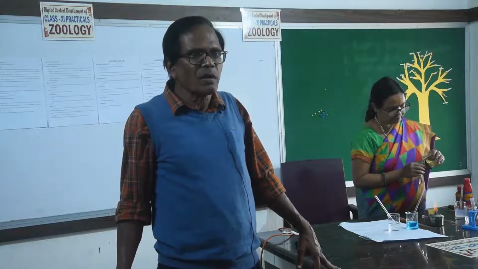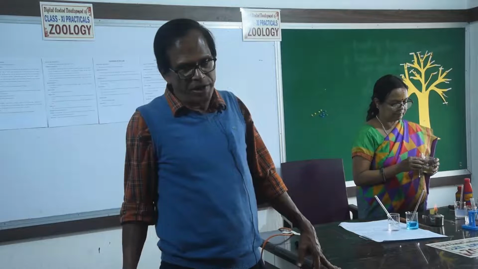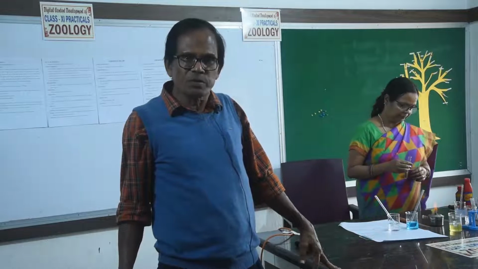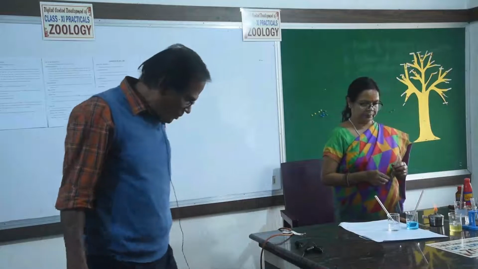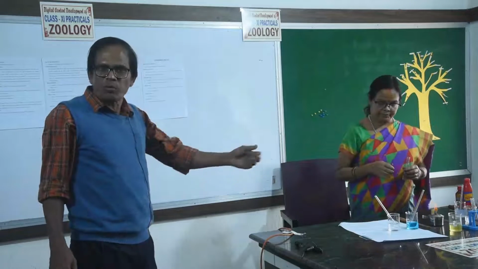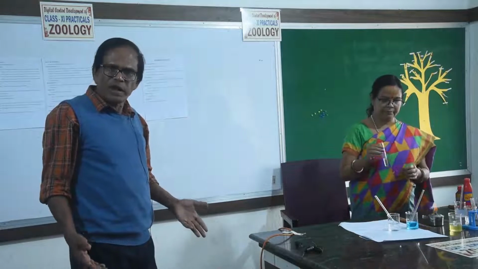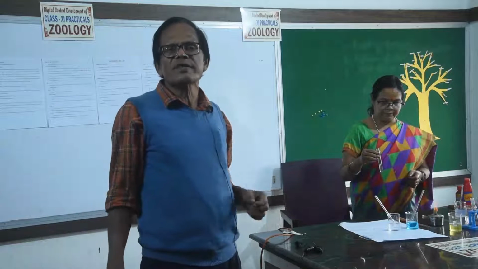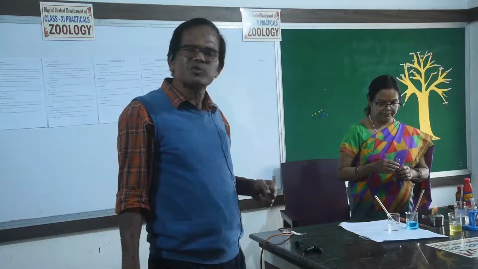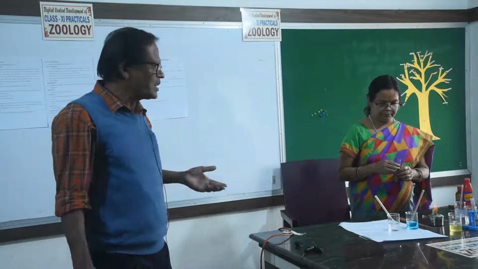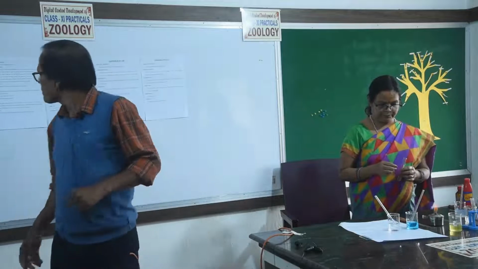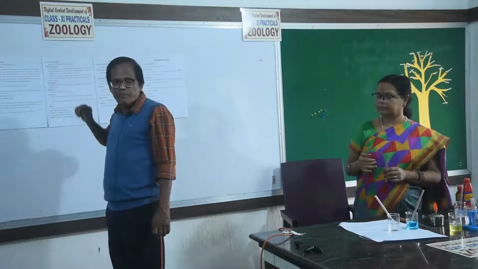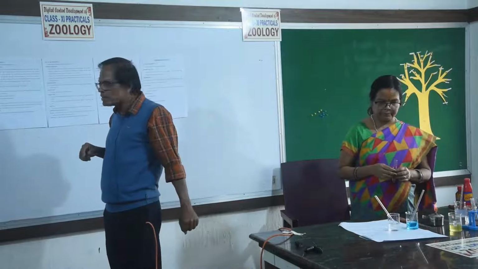The albumin of an egg is very rich in proteins. It's selected as a source material for proteins. Hence, we have taken egg albumin. We make a solution of any concentration, it doesn't matter, because we are not testing its quantity, we are testing its quality, whether protein is present in the sample or not.